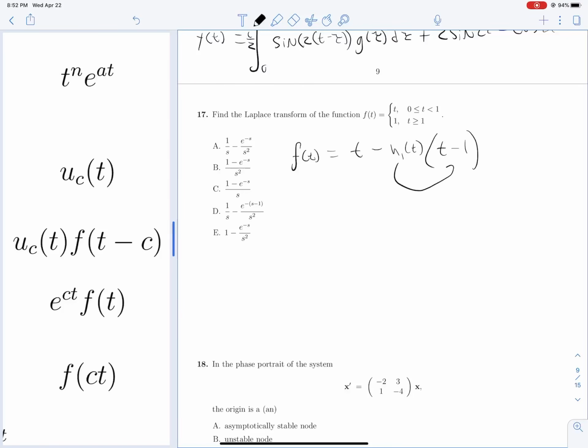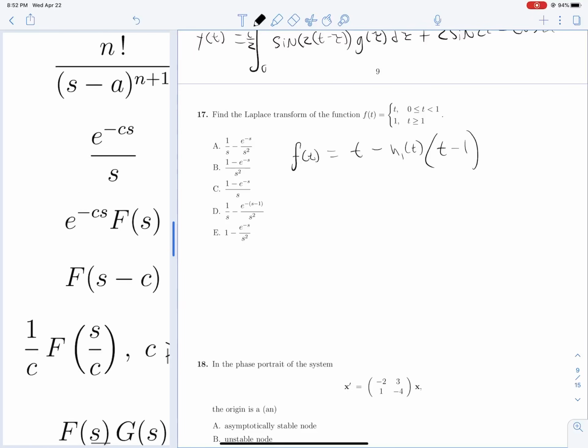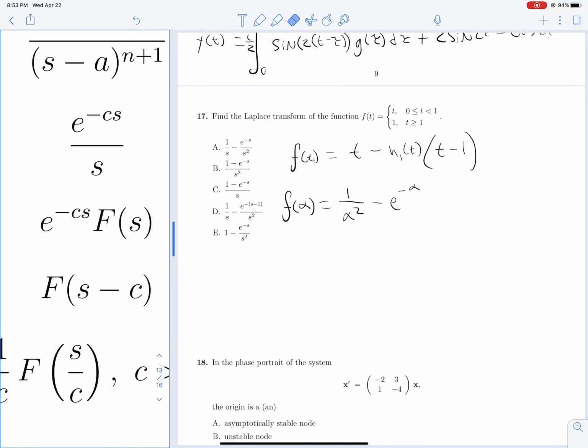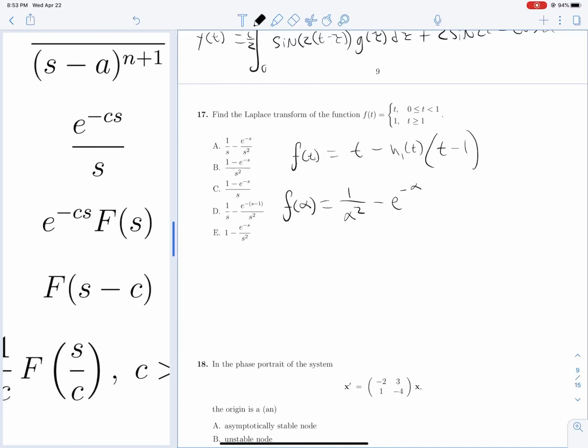And here, this t is matched up with a t minus 1, so we are good, and we can take that Laplace transform. The Laplace transform of t will just be 1 over alpha squared. So F of alpha will be 1 over alpha squared minus e to the negative alpha, that c value as 1 going up into the e to the negative 1s up here, and then we have the Laplace transform of f of t.